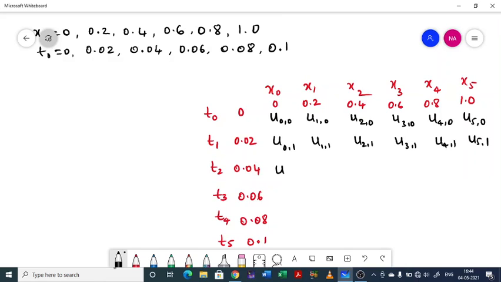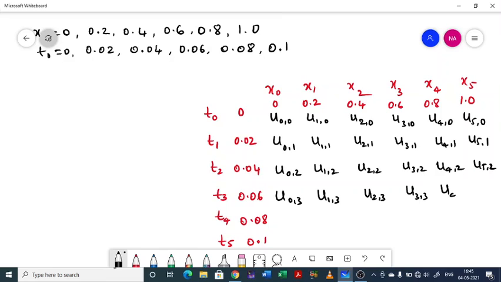This one, u 0, 2, u 1, 2, u 2, 2, u 3, 2, u 4, 2, u 5, 2. This one, u 0, 3, u 1, 3, u 2, 3, u 3, 3, u 4, 3, u 5, 3.